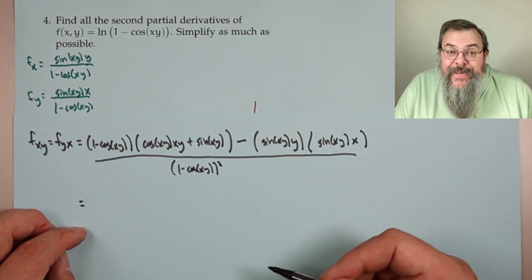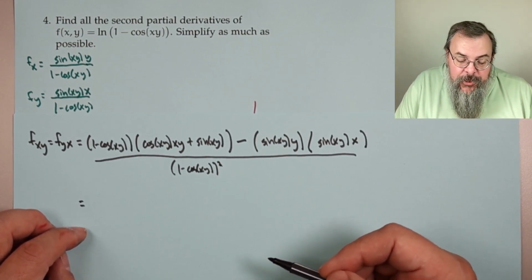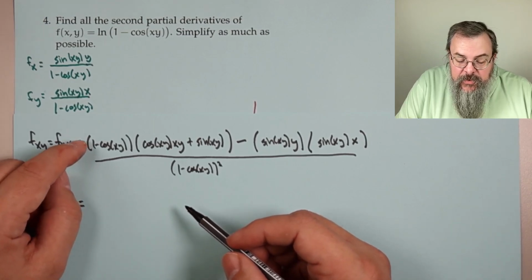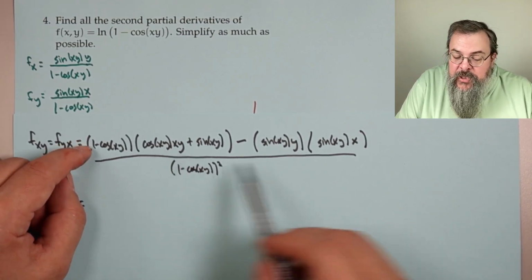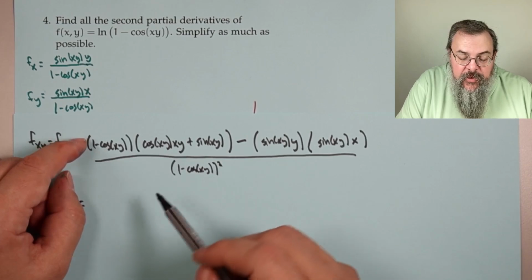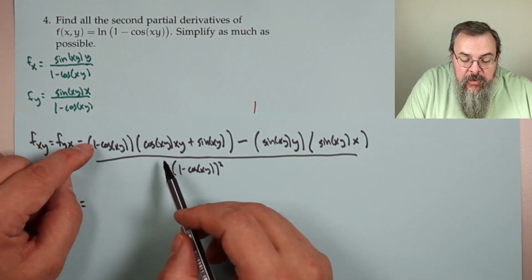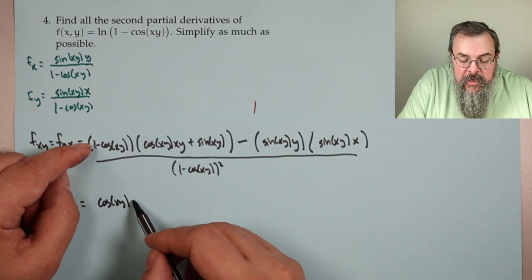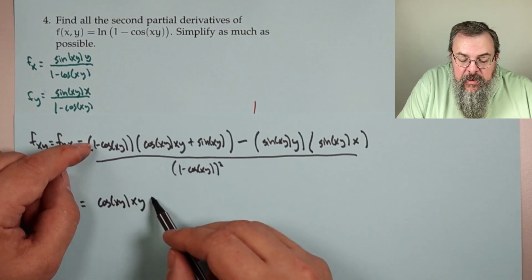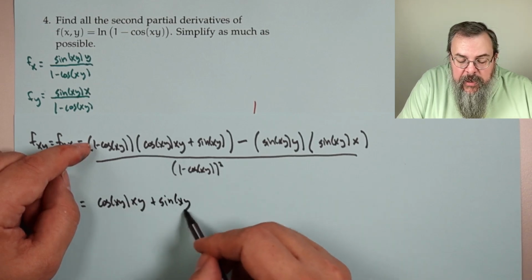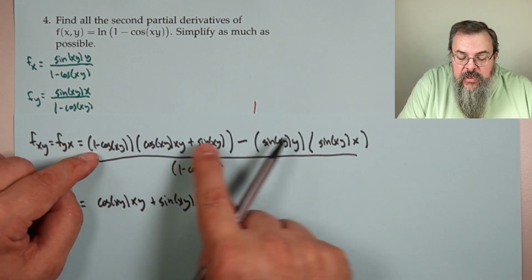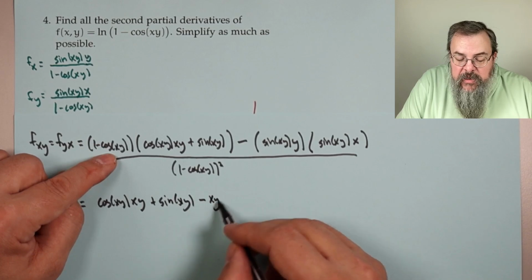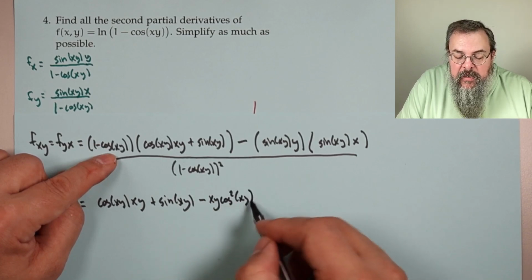Okay, so we have to simplify as much as possible, unfortunately. So this will take us a minute here. So let's see what we can do. Unfortunately, we don't have that same pull-stuff-out. So we get a couple things. We'll get cosine xy plus sine of xy. So first, outer, inner, minus xy cosine squared xy.